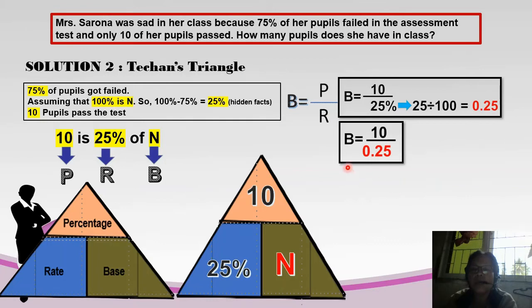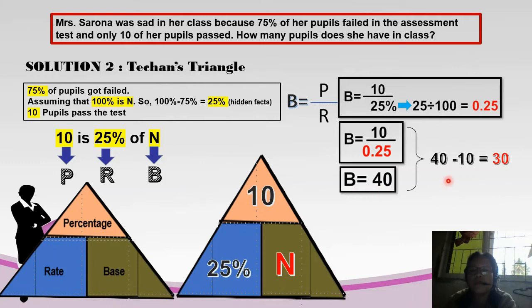Now the base is equals 10 divided by 0.25. So it becomes now a decimal. Therefore, we can now divide 10 by 0.25. Dividing 10 by 0.25, base is equals 40. Now let's try to check.